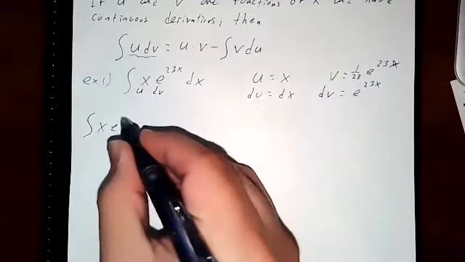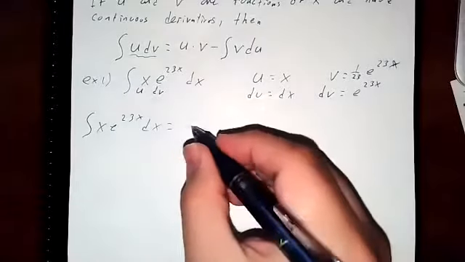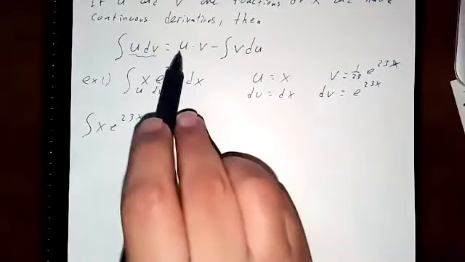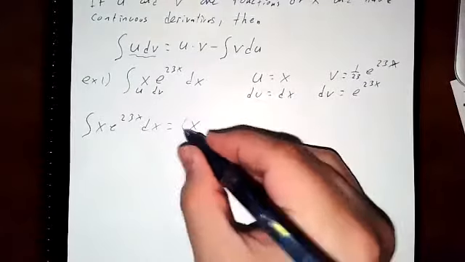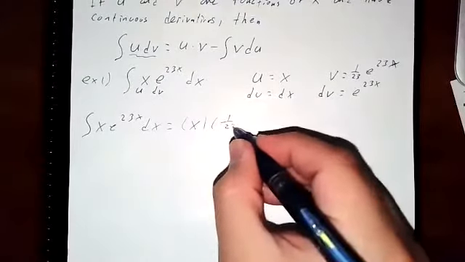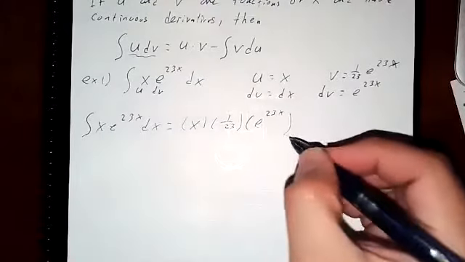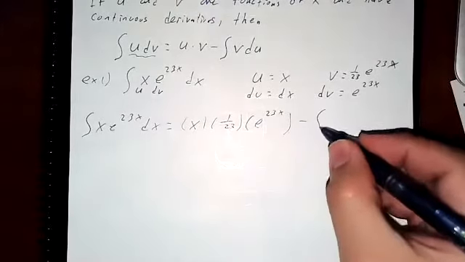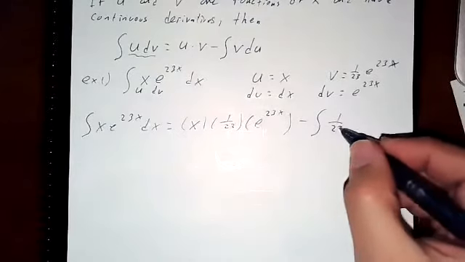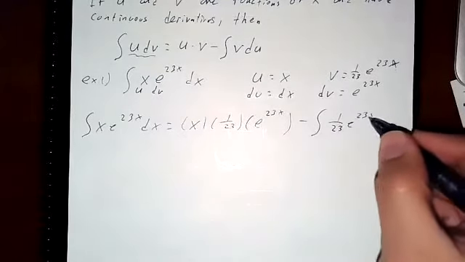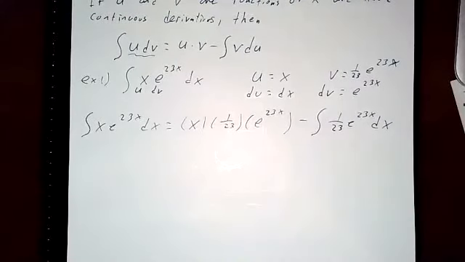So x e to the 23x dx will equal u times v, so x times e to the 23x, minus the integral of v du, which is just dx in this case.